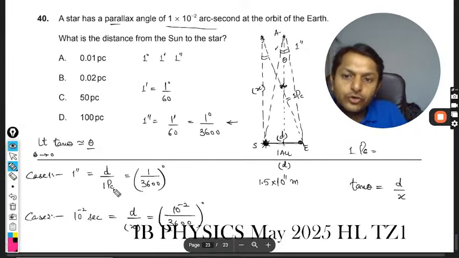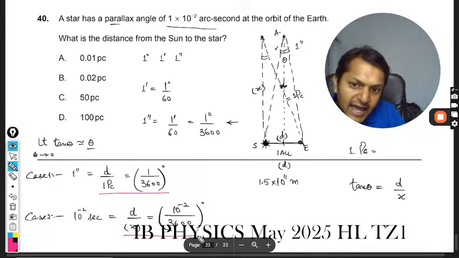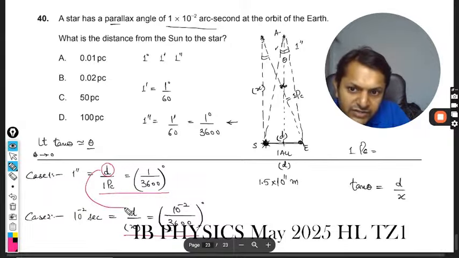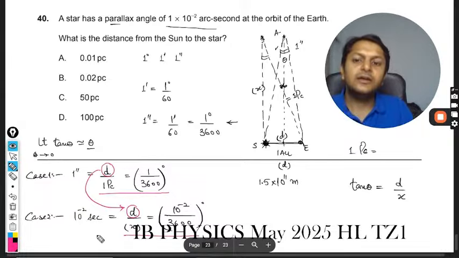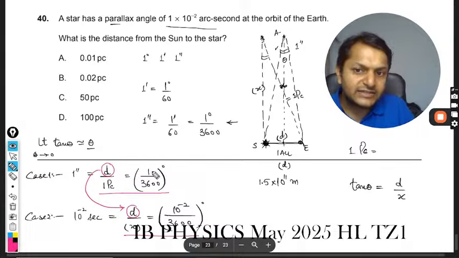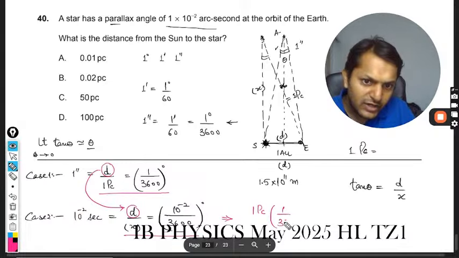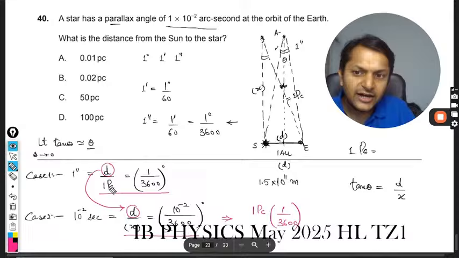Now I am going to concentrate on this and this, and we have to solve it for x. So we get the value of d and we substitute the value of d here. Let us do it. So d, 1 parsec goes to the other side. So in place of d, I can write 1 parsec multiplied by 1 divided by 3600.